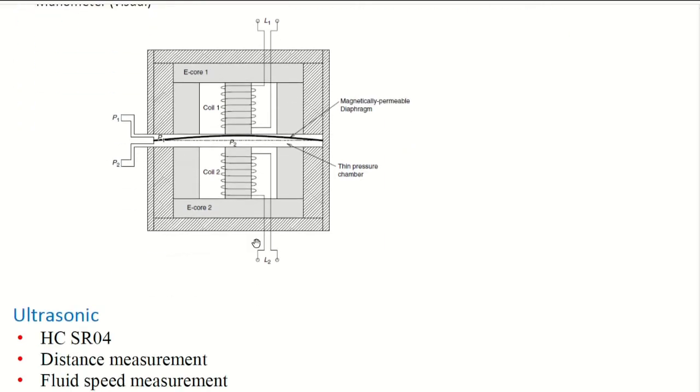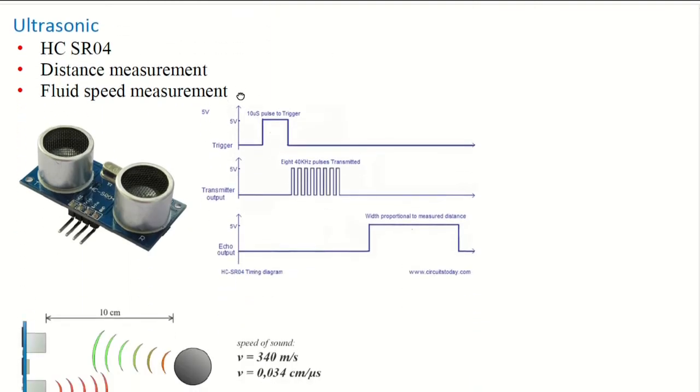Now we go through distance measurement. There are ultrasonic sensors. This one is very common in the Arduino community. It costs less than 5 euros, and there is a chip here that, when you trigger it, starts transmitting a 40 kilohertz pulse.